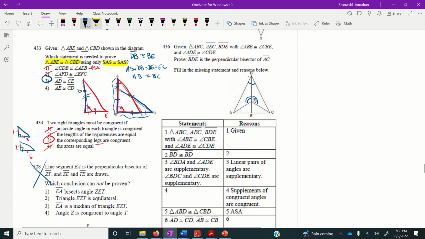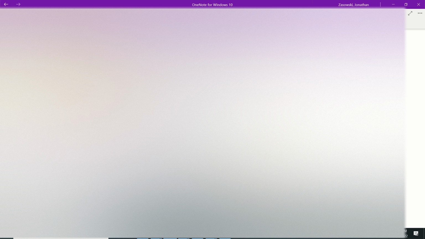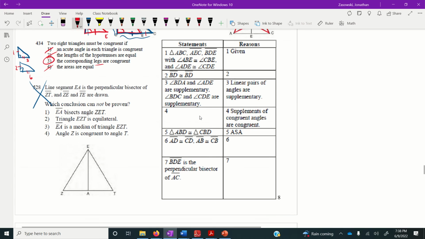So the theory here is that if we can show, essentially, that these two triangles are congruent, two things. If we can get these two triangles congruent, we can get these two sides equal, and therefore these angles equal, okay? A little bit of work here. Oh, no. All right.